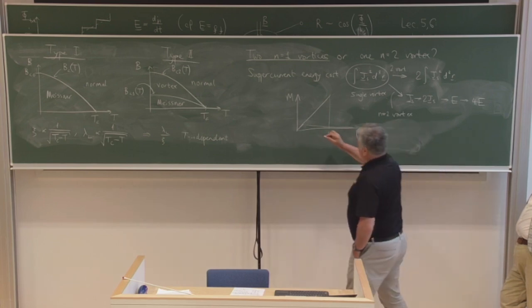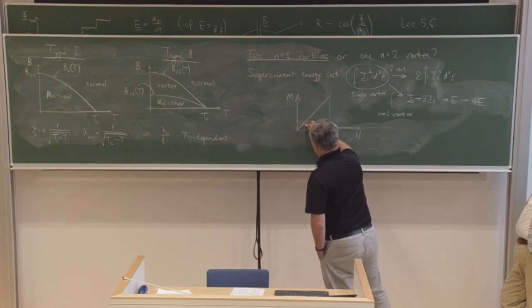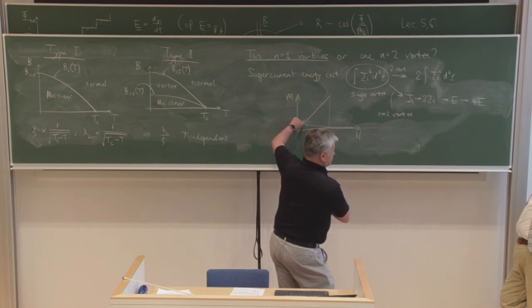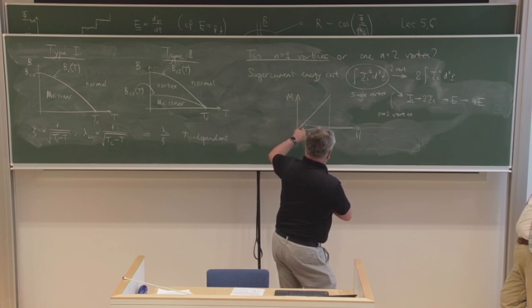But what actually happens is that there's a very sharp kink here, because you hit whatever the calculation tells you for the critical field for the entry of one vortex, and as soon as one can get in, it just instantly becomes favorable to avalanche many more in. So the predicted equilibrium curve looks like that as a function of field.